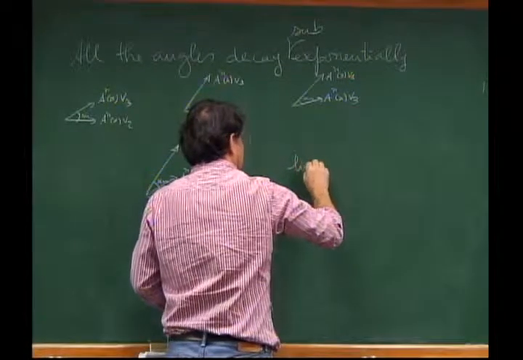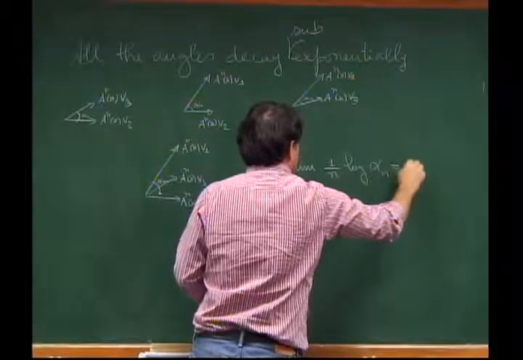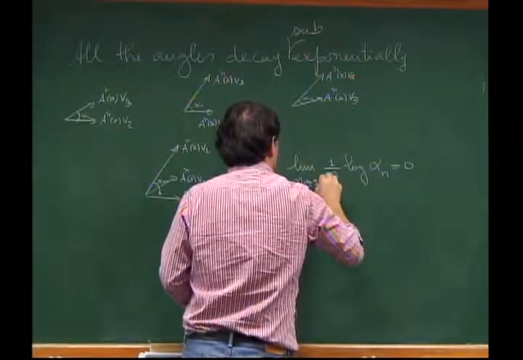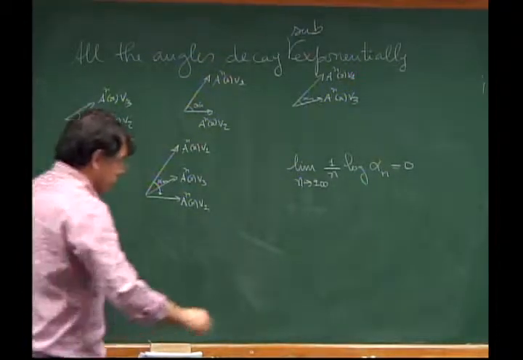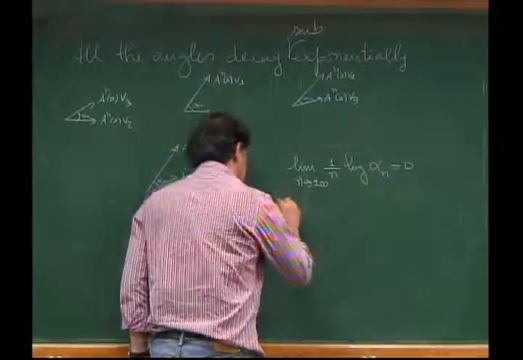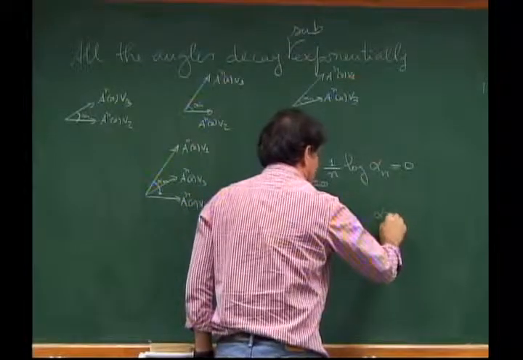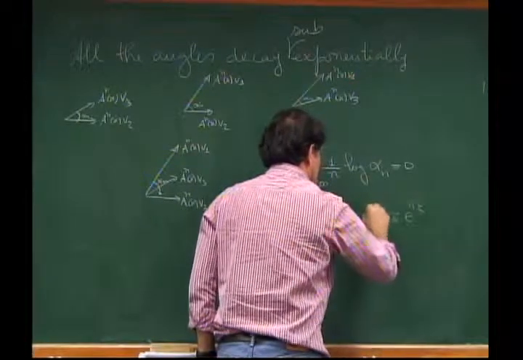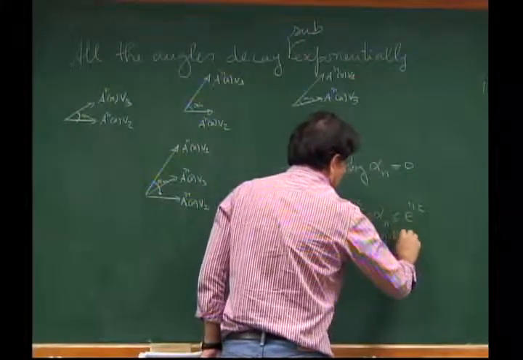Sub-exponentially means that the limit of 1 over n log of the angle goes to 0. So in this parallelogram, the angle between, say, the two vectors in the base is sub-exponential. Sub-exponential means that for any epsilon, the angle is between e to the n epsilon and e to the minus n epsilon for all large n.